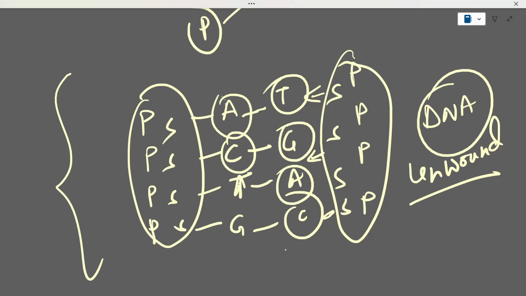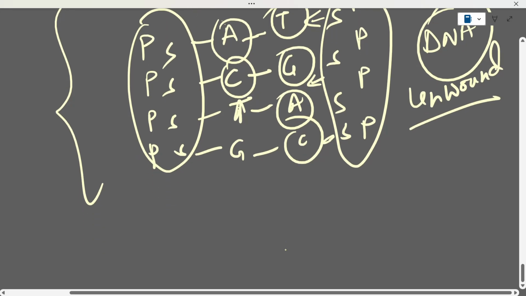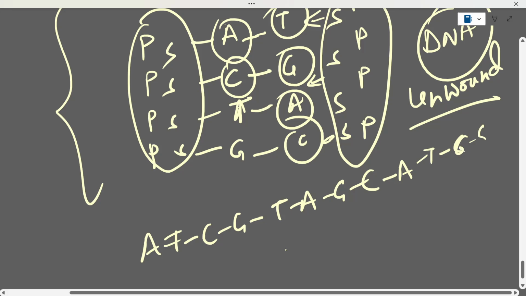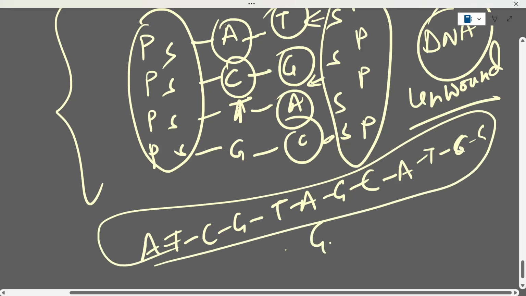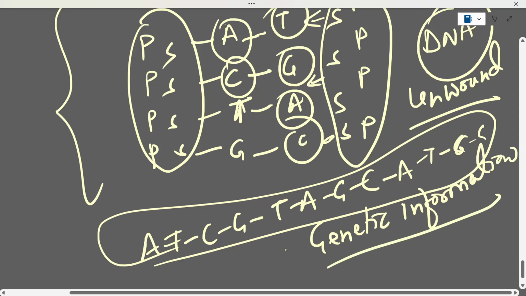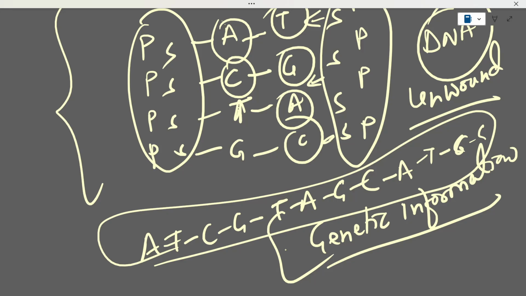And so here, in this chain of A, T, C, G, T, A, G, C, this chain goes on, and in this chain lies the genetic information for life, for all the processes, all the structure, the whole skeleton and the structure that rests on that skeleton.